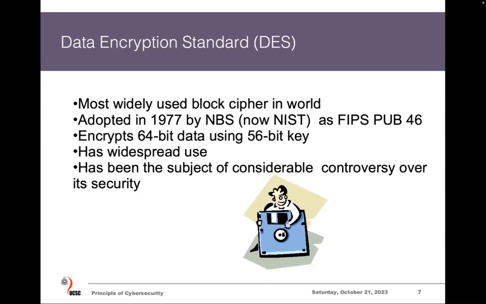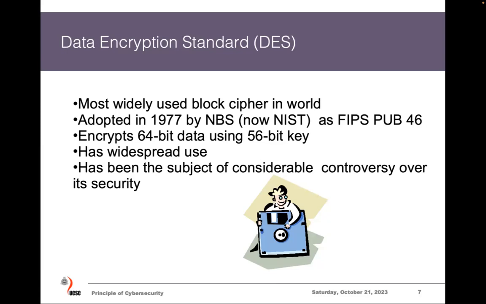In the beginning of computer science, we were using different symmetric key cryptographic algorithms. But later on, when internetworking started, people realized we need to use a common algorithm for encryption and decryption. So people tried to create a standard for that.